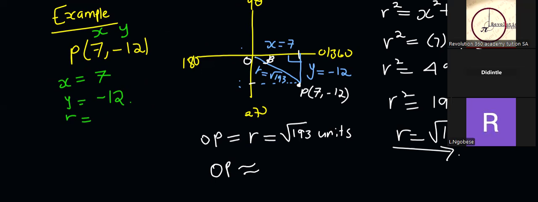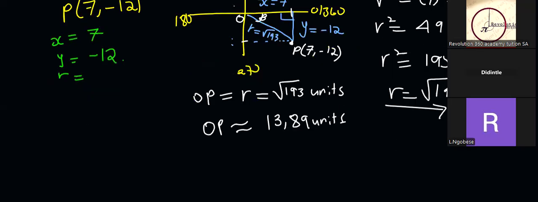So you can just say OP is approximately 14 units. Even if you write 13,89, it's not going to affect you because that 9 rounds up and it becomes 13,90. And that's the first question.